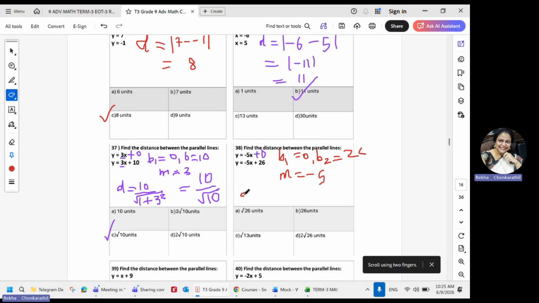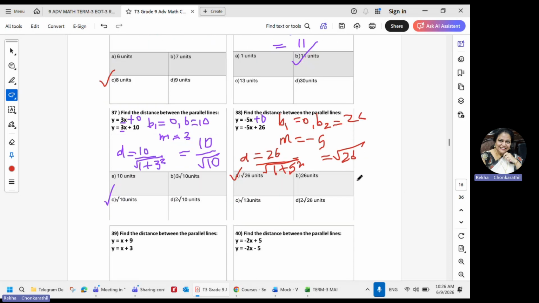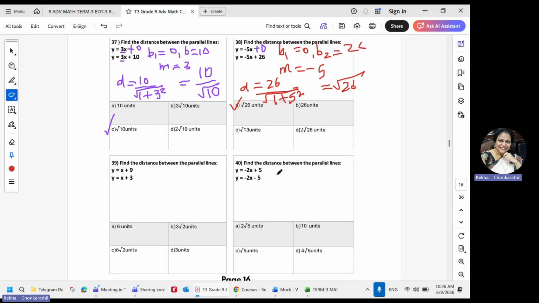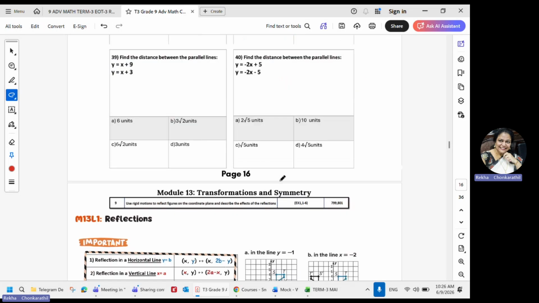And when you use the formula carefully, B1 minus B2 will be 26. And here will be square root of 1 plus 5 square. Just ignore the negative when you're doing the square. So this will be square root 26. 26 by square root 26 is, square root 26 units. Similarly, I think you can try 39 and 40 using the same formula.